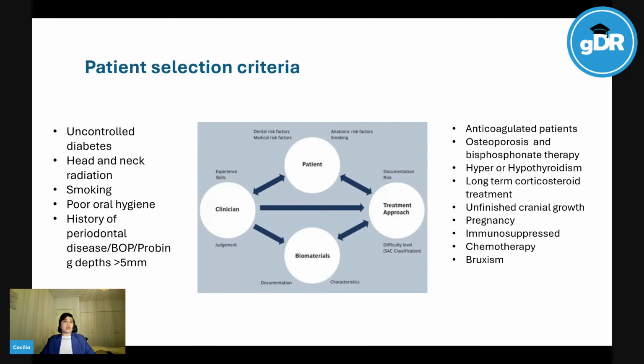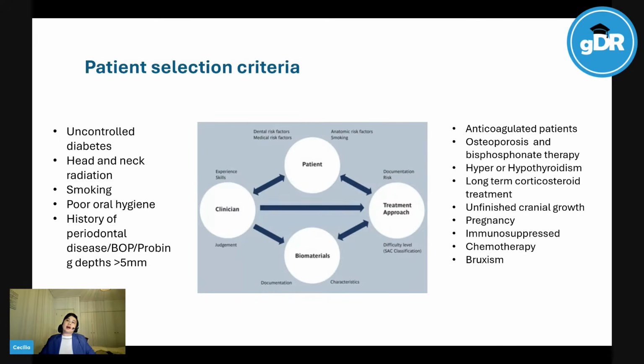Okay, because these are all systemic risk factors that are affecting the bone of the patient, the healing of the patient, the immune system of the patient, right? We're doing surgery, we're raising flaps, there's bleeding, there's foreign bodies being placed inside. So all these general medical risk factors point back to healing, bone healing, soft tissue healing.